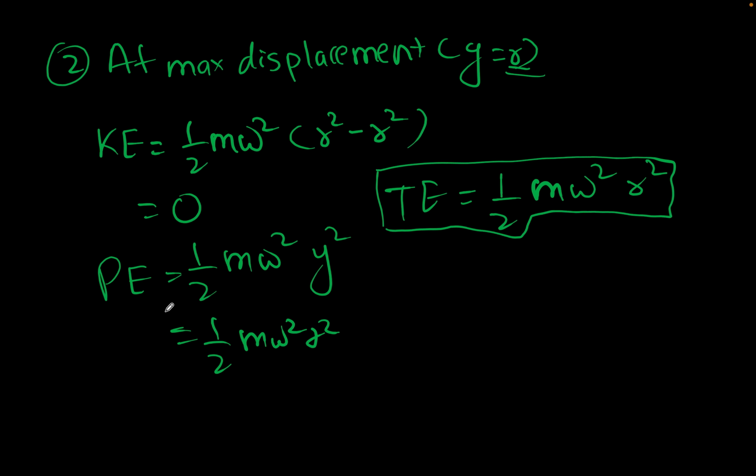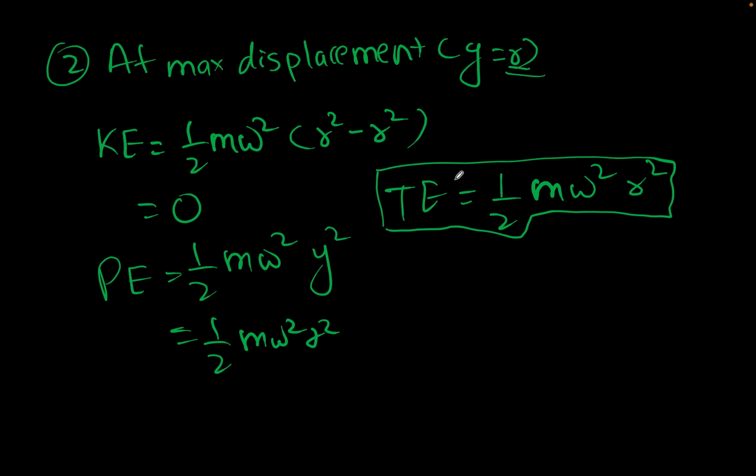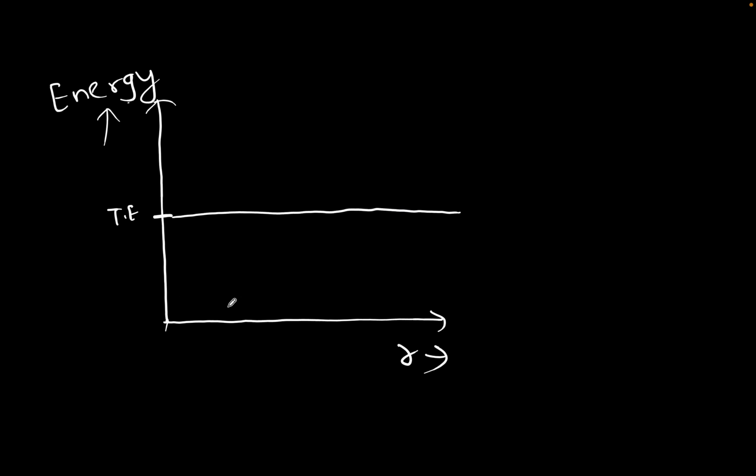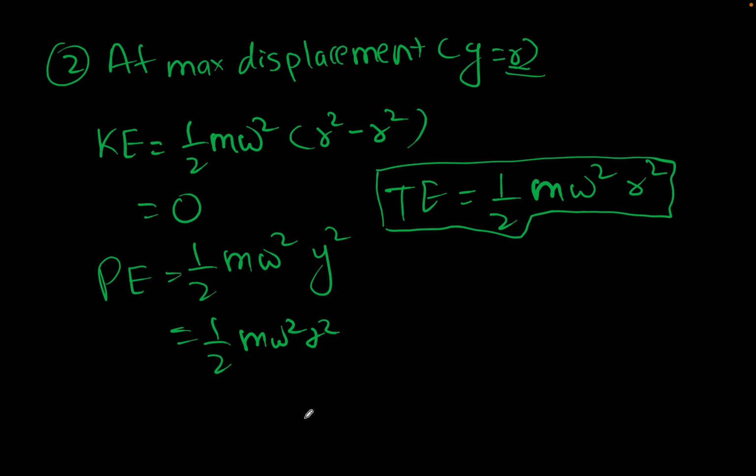And now if we look at our previous cases, kinetic energy at our mean position is going to be maximum, right? So let's say at this 0 is our mean position, and this is our maximum position. So at mean position kinetic energy is maximum and potential energy is 0.